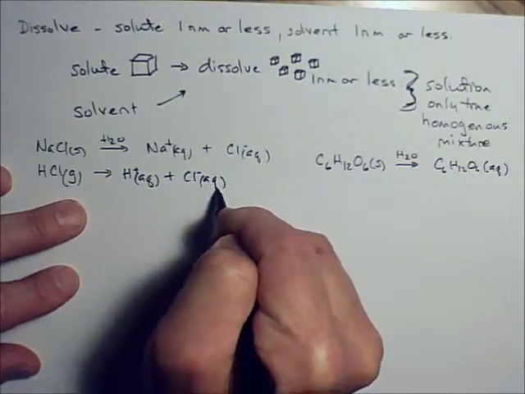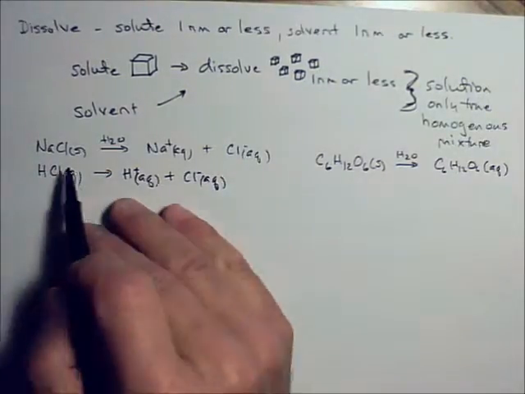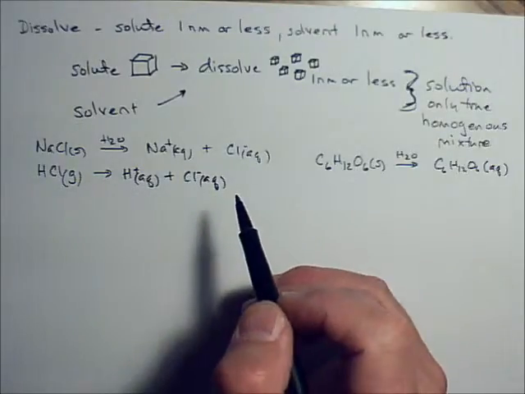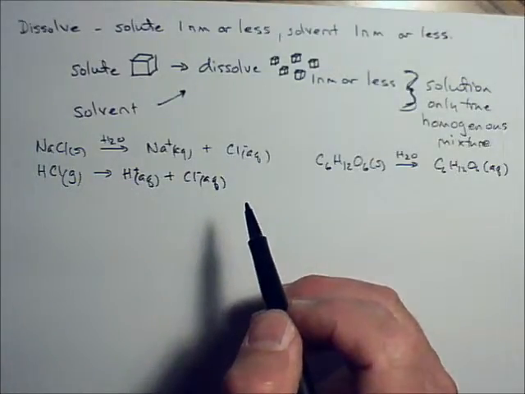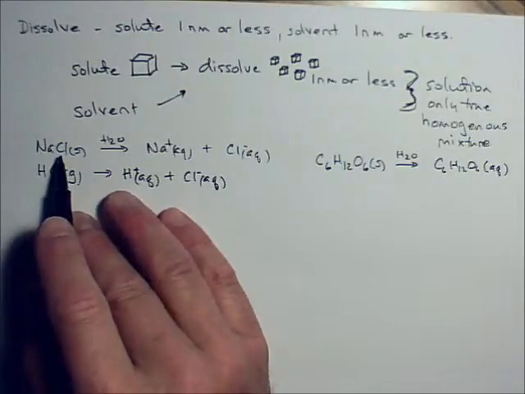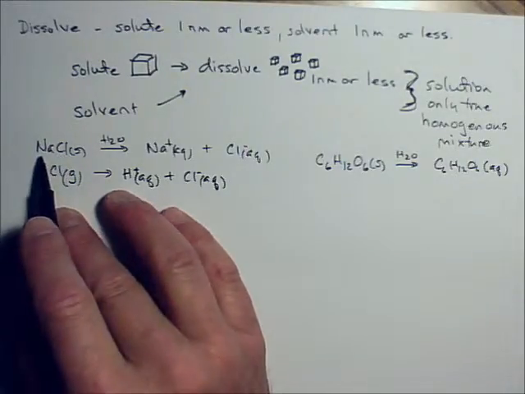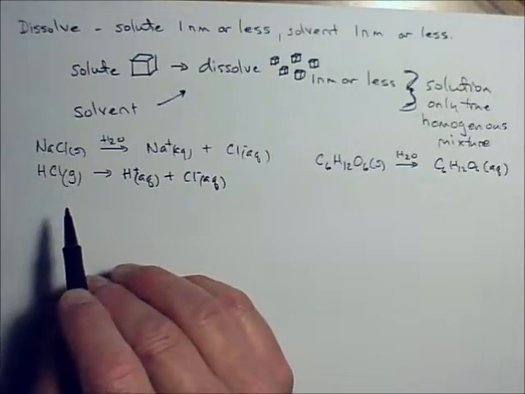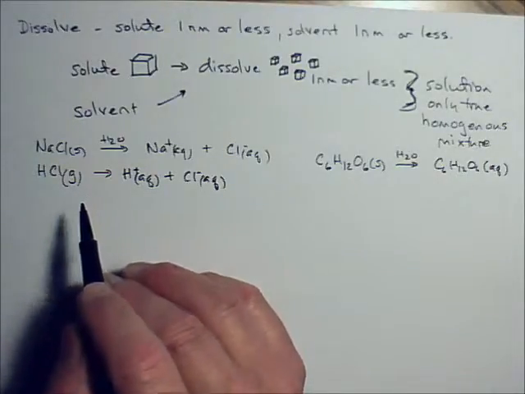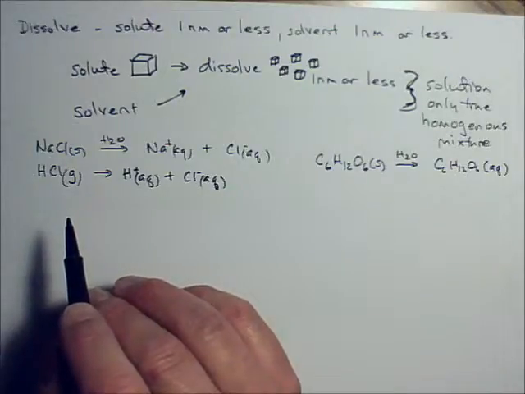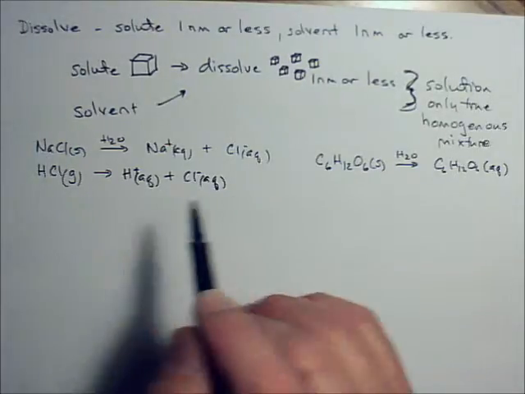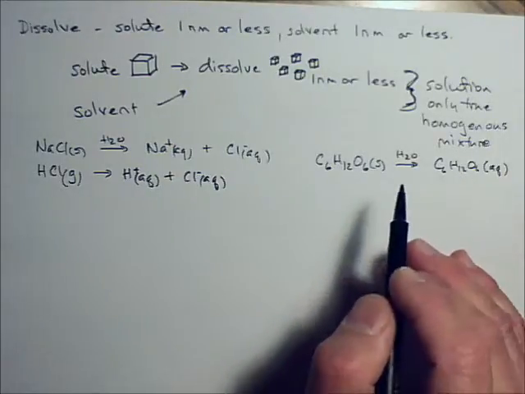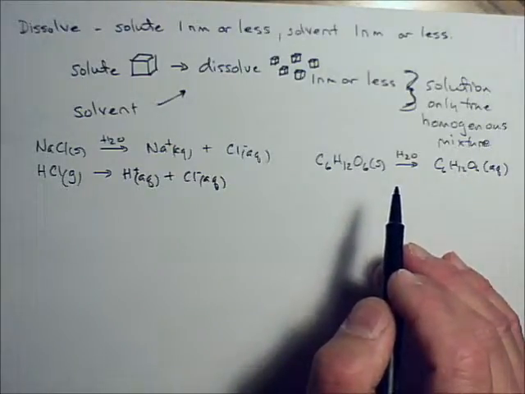So acids dissolve, and ionic compounds dissolve. You can tell it's an ionic compound if it has a metal and a nonmetal. And you can tell also it's an ionic compound if it contains a polyatomic ion, which you find on the common ions list. But the things that are not ionic or acidic, they can still dissolve, but they don't break up. Does that make sense?